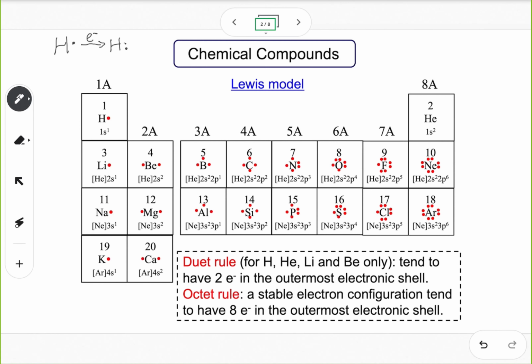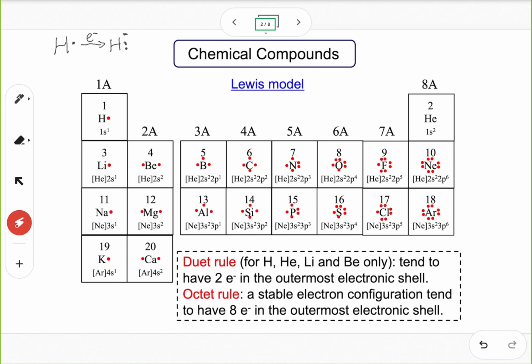Because it gets 1 more electron, this hydride is going to be negatively charged, the anion. So it has a tendency to get 1 more electron to form a paired electron on the 1s orbital.